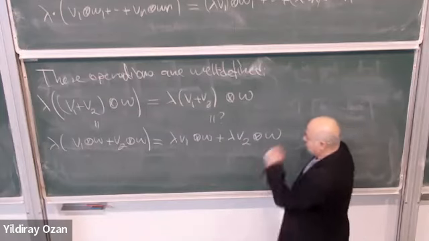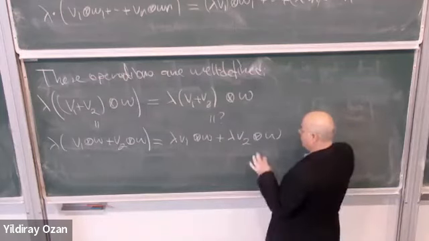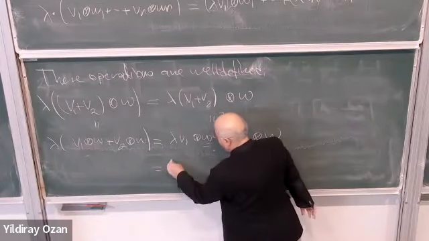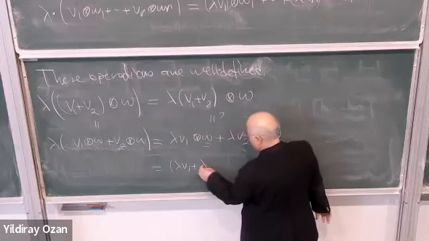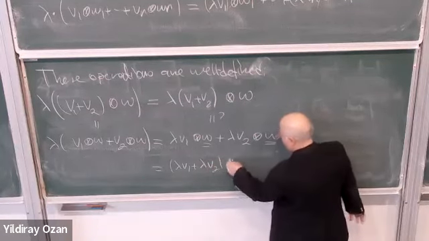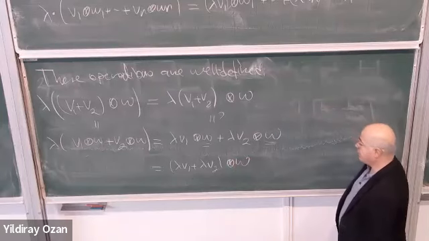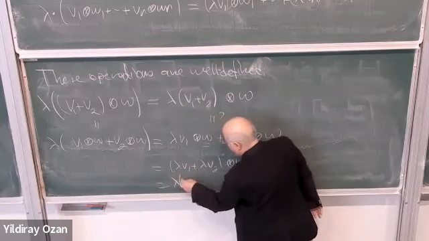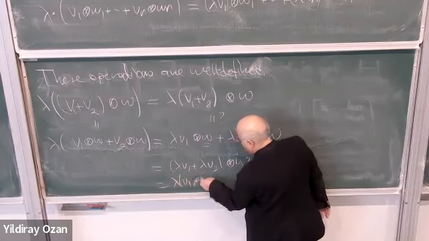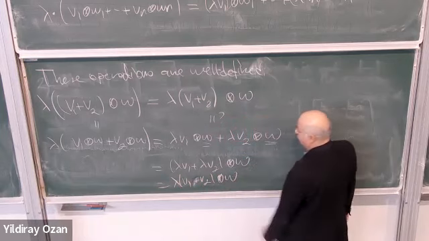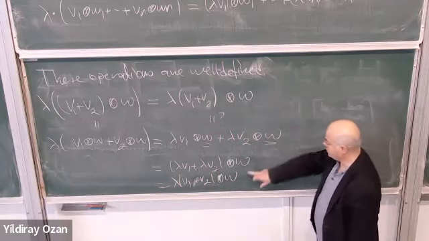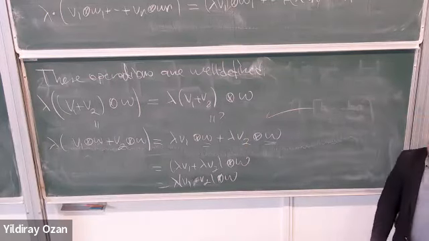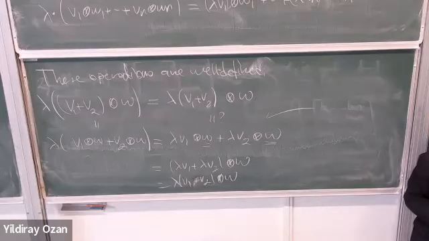Well, yes, because since these two vectors are the same, this can be written like this, and this gadget is just, of course, lambda times V1 plus V2 cancel W. So this thing is equal to this thing, which is this. Therefore, they are the same thing. So this is a well-defined operation.